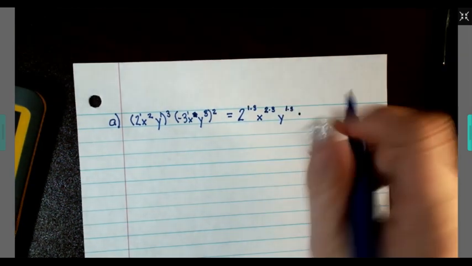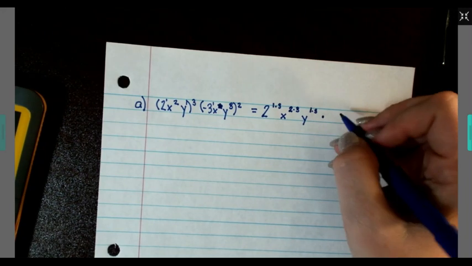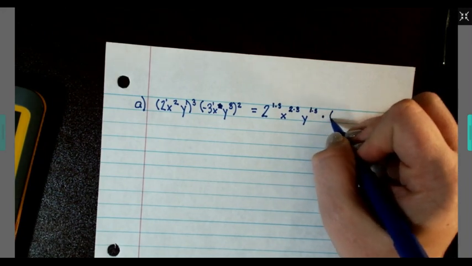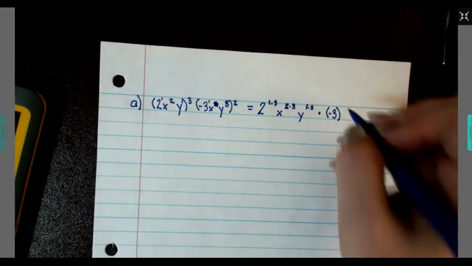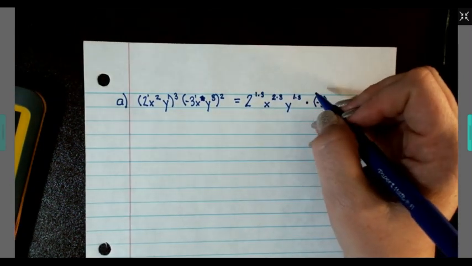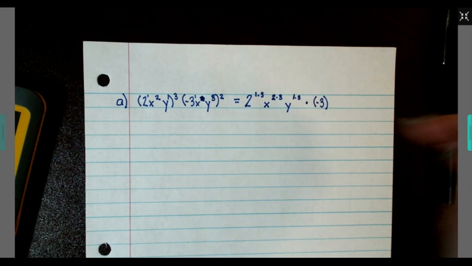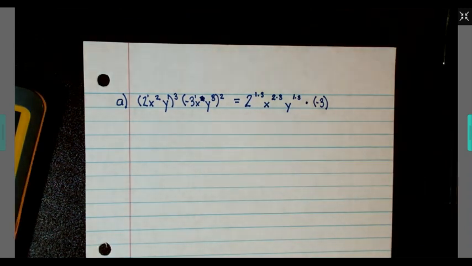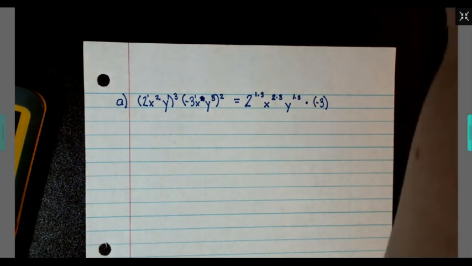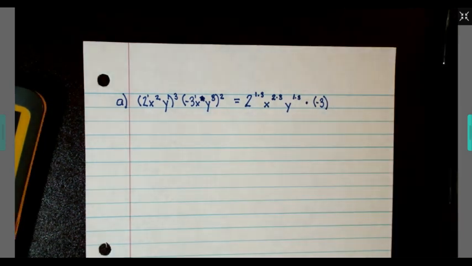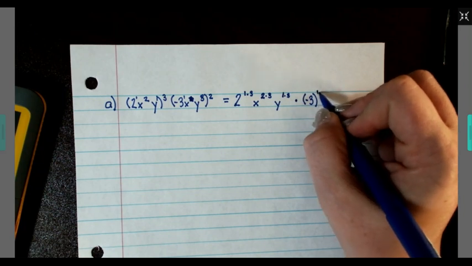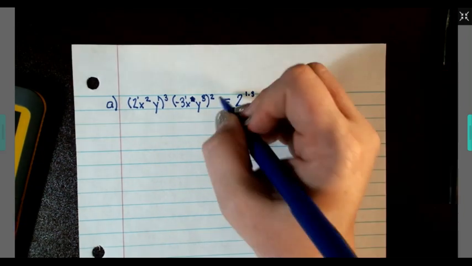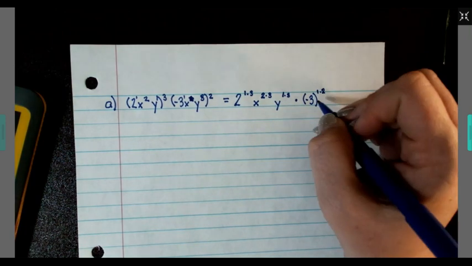Let's do that for the second set. We've got negative 3, which is always a tricky one, so I'm going to put it in parentheses, okay? Negative 3, this is going to be 1 times 2 because there's a 2 on the outside, right?